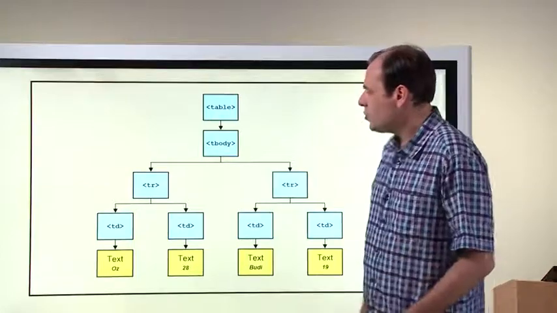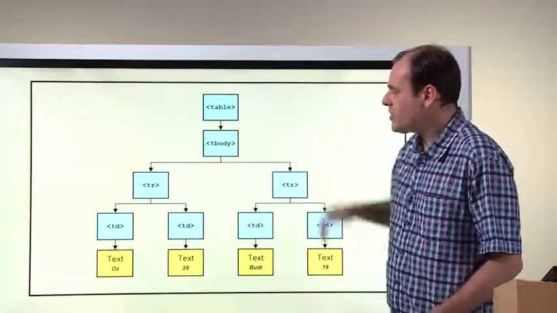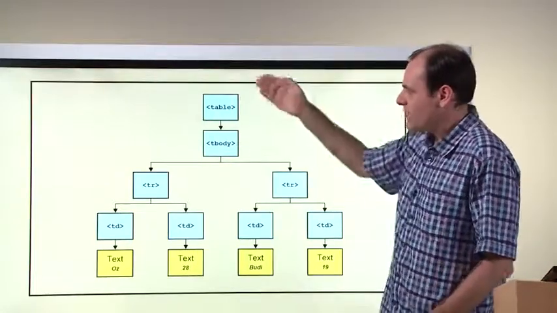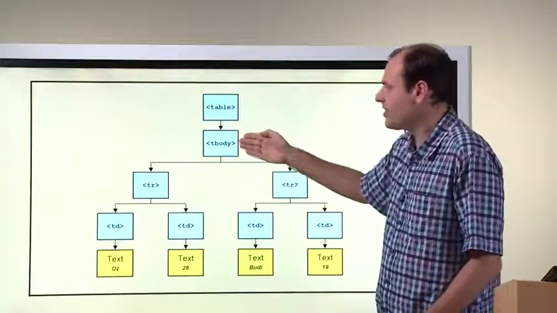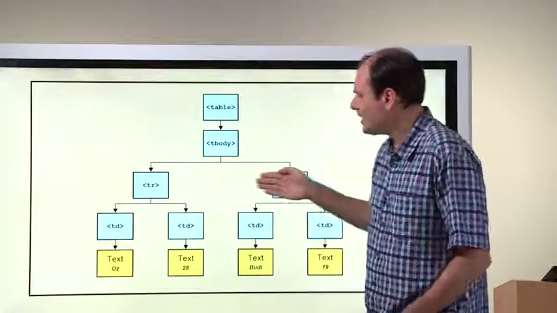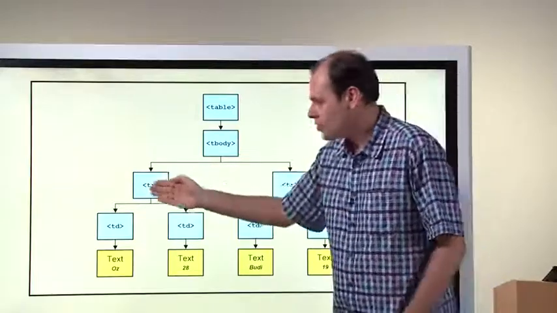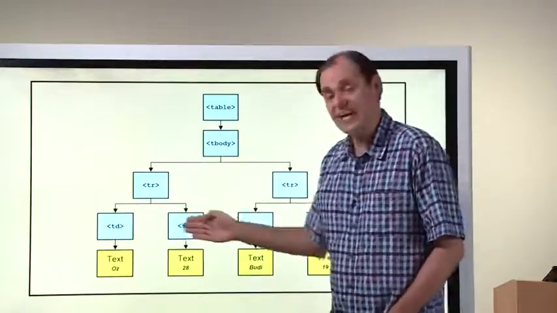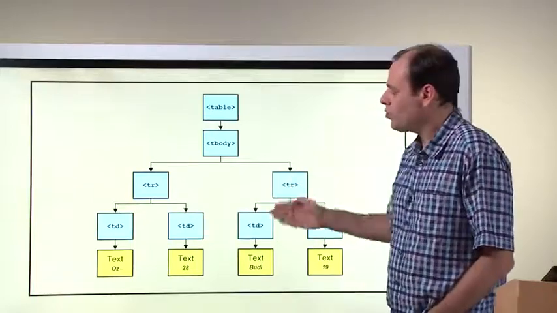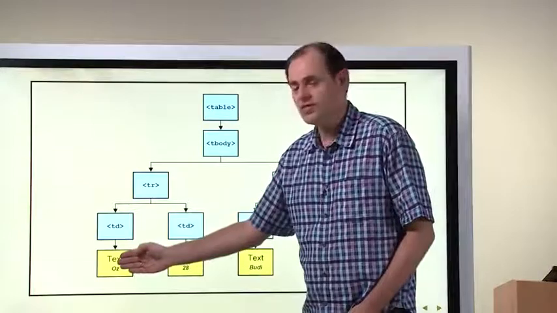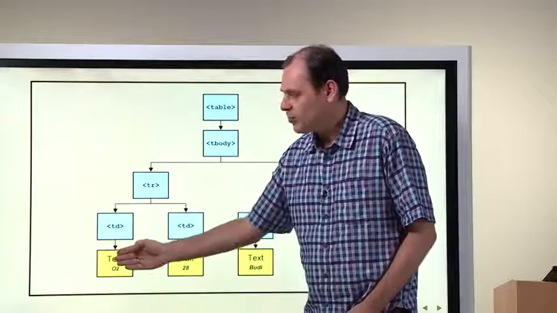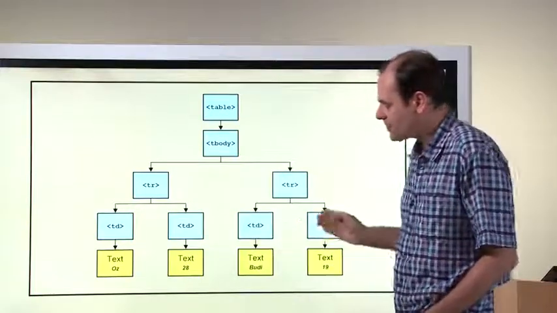So we load that table into memory. This is the DOM structure. We have table node. Inside there is table body node. Inside that was one row and another row. Inside that was two boxes, TD, table data. Inside the other row was two boxes. Inside those boxes were pieces of text. Each box had a little piece of text.